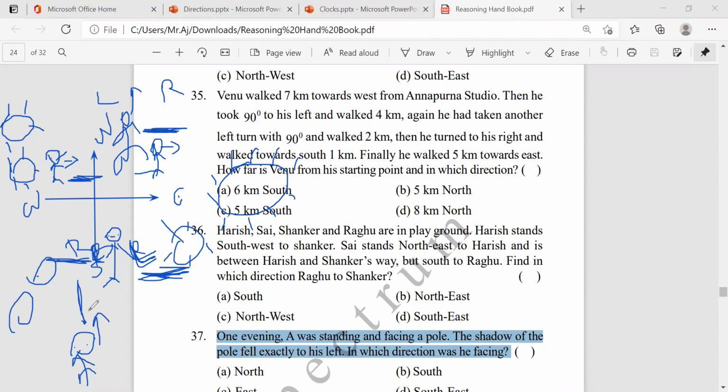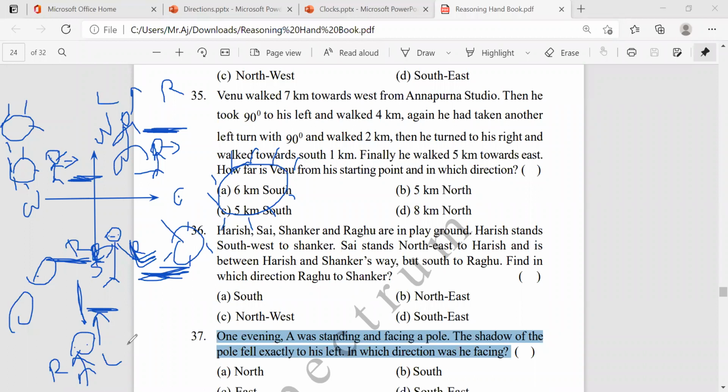Evening means the shadow will fall here, exactly his left. So this is left and this is right. Which direction is he facing? If the shadow is exactly on the left in the evening, he is facing south.